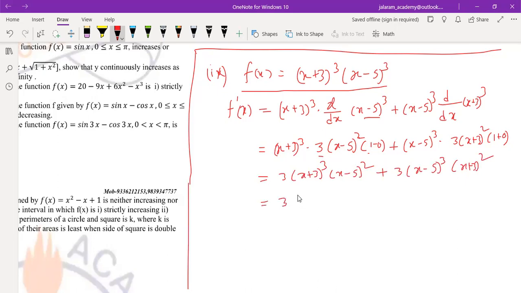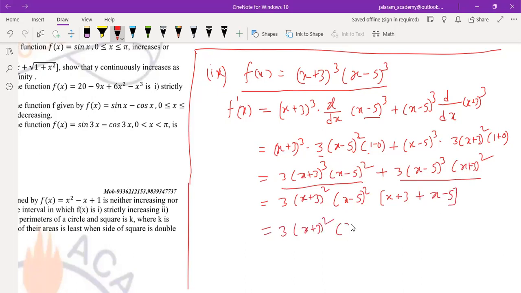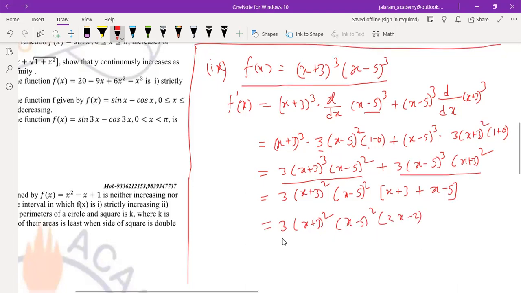Factorize it. 3 is common. The smaller power (x+3)^2 is common. The smaller power (x-5)^2 is also common. In the first bracket it is x plus 3, plus in the second bracket x minus 5, equals 3 into (x+3)^2 into (x-5)^2 into x plus x, 2x minus 2.